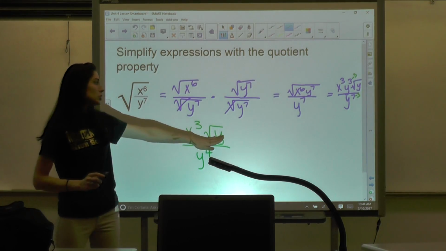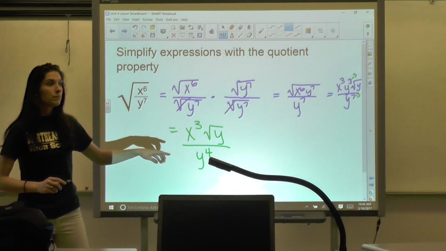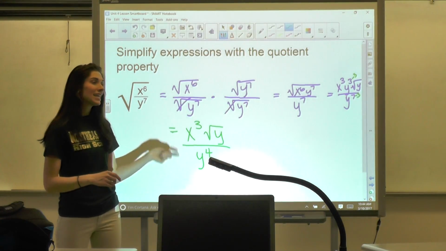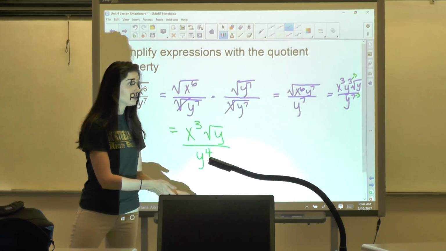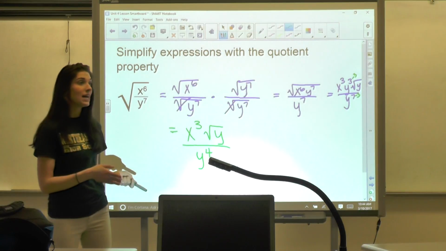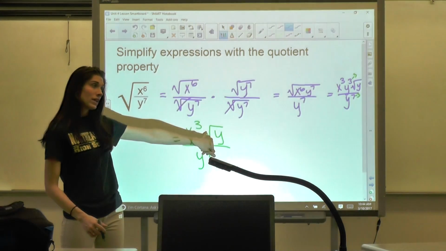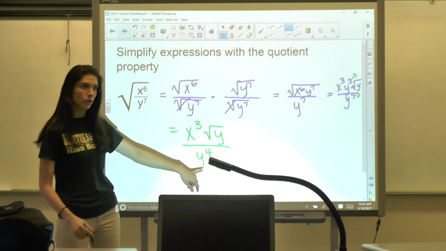Why can't the square root y simplify with this y? Because just like it's inside times inside and outside times outside, it's inside divided by inside and outside divided by outside. So on the outside of this radical, technically there's a 1. So it's like saying 1 divided by y to the power 4.